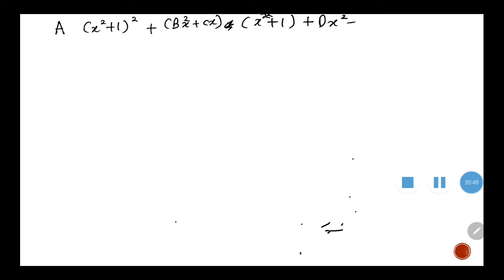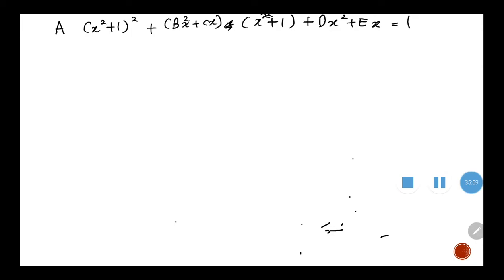A equal to x squared plus 1 squared, bx plus cx. I think we have decided to put in x inside here, right? Bx squared and cx times x squared plus 1. And what happened to dx? Dx is plus dx squared plus ex. So everything of this equal to 1.